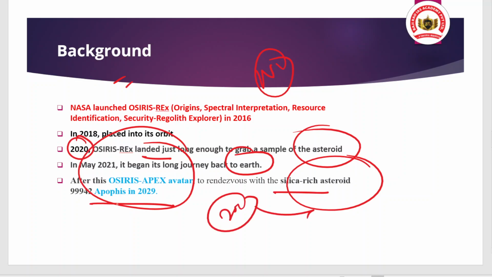You should remember for the prelims that Apophis is also an asteroid, and NASA's spacecraft is going to visit there to collect a sample in 2029.